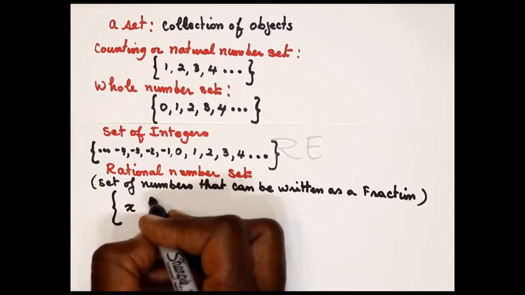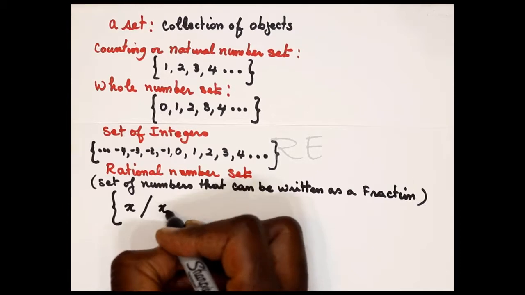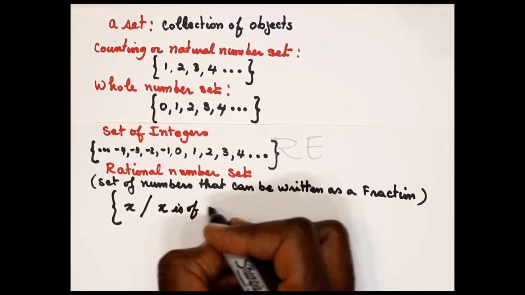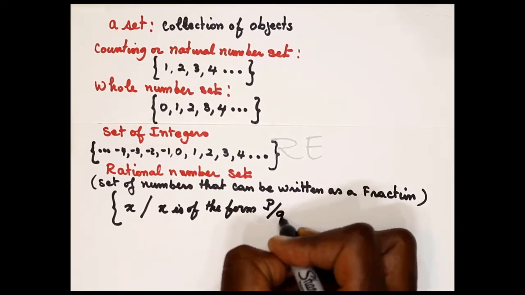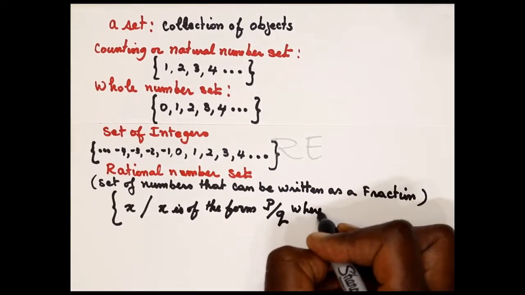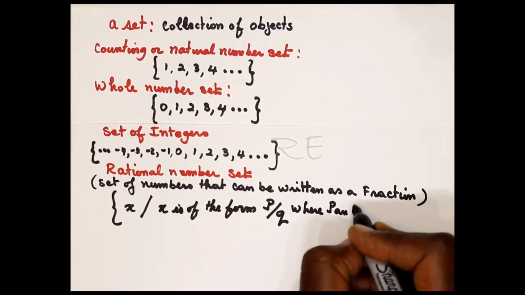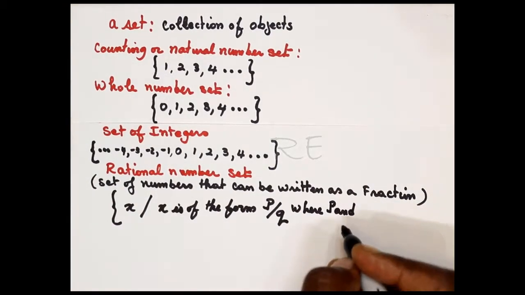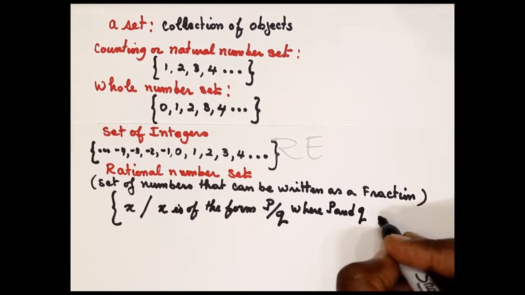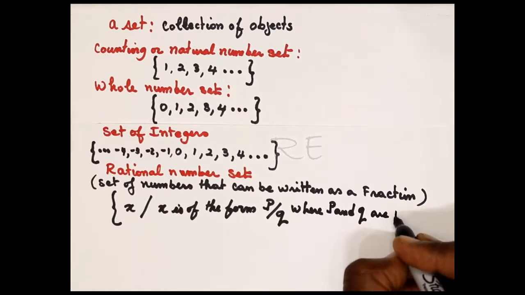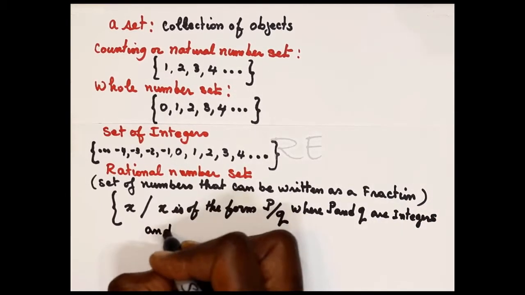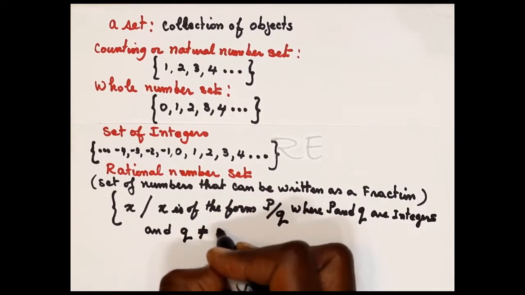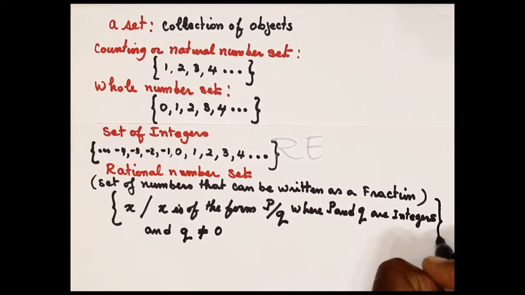It's the set of all x such that x is of the form p over q, where p and q are integers, and q must be different from 0. You can never divide by 0. Q different from 0.